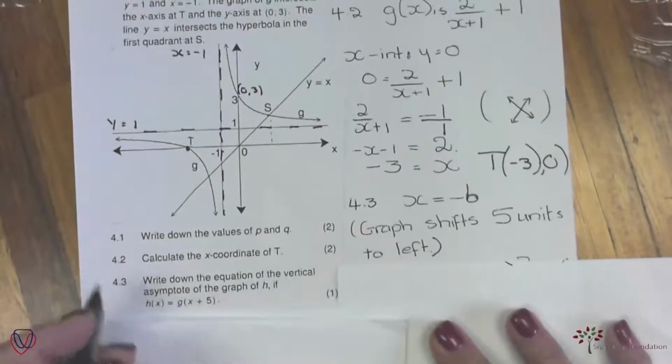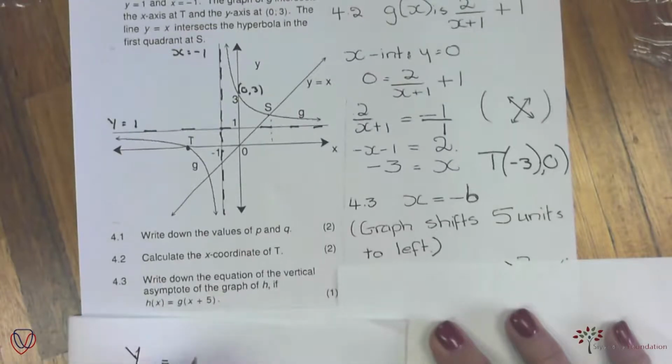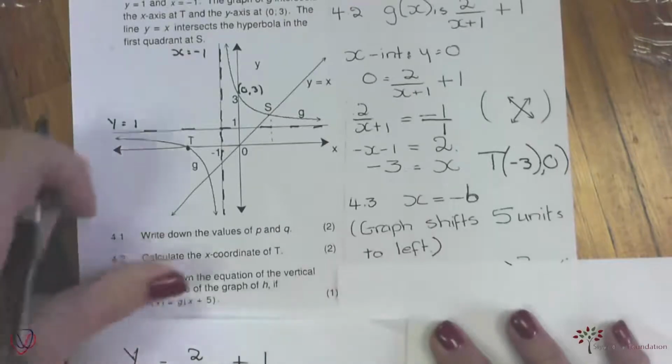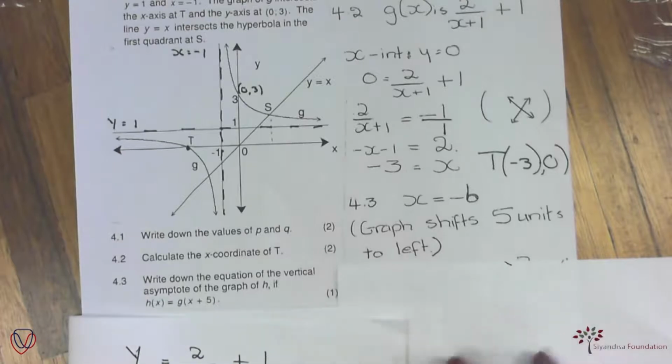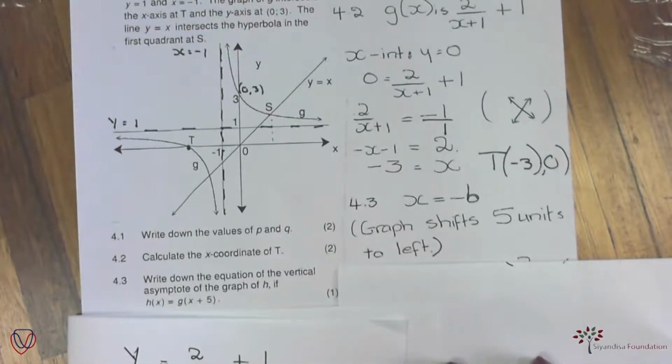Write down the equation of the vertical asymptote. Let's take the equation as it is, the original equation. They are changing the x. So you're going to say h(x) is going to be 2 over x plus 1 plus 5. Instead of x, you have an x plus 5 plus 1. So what will the new asymptote be?